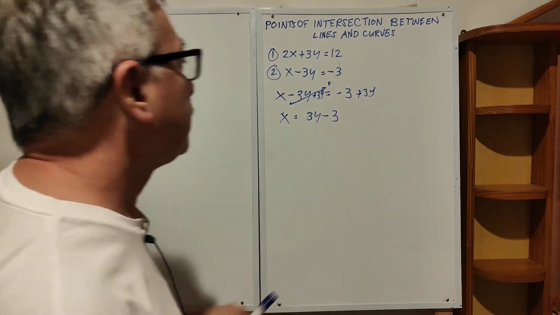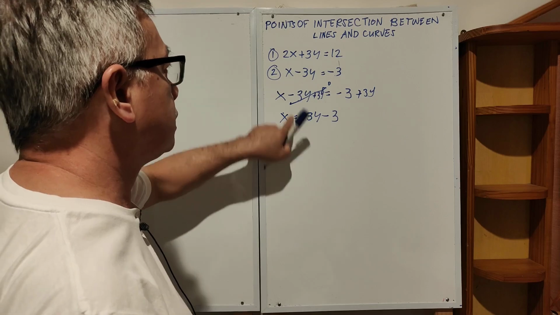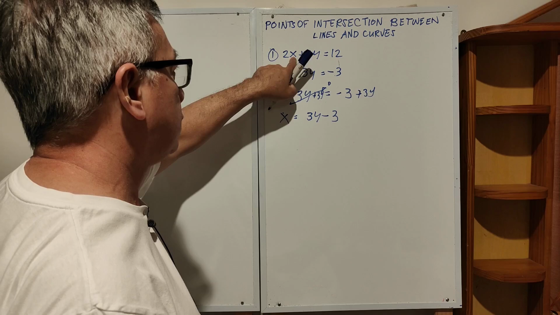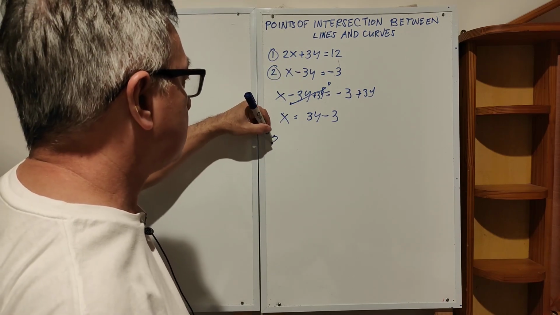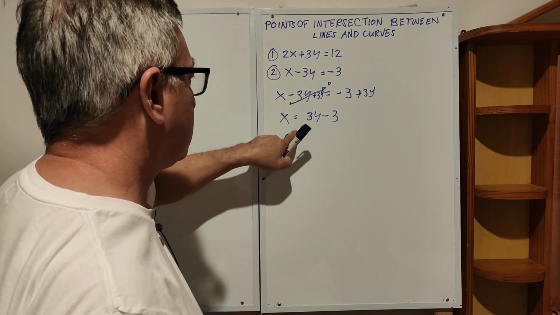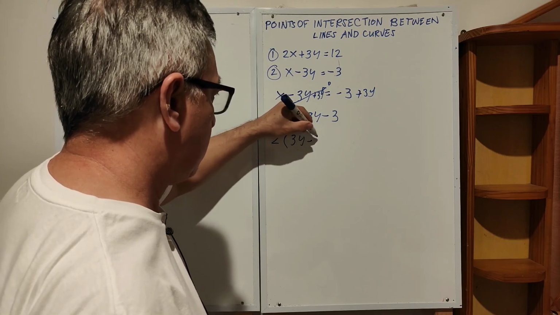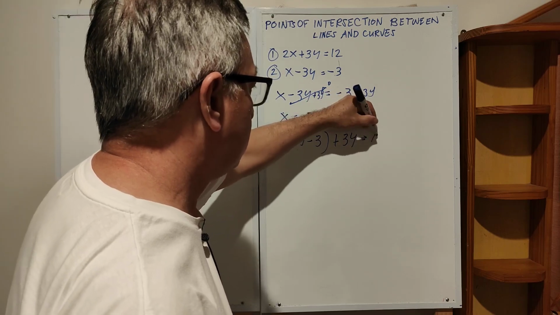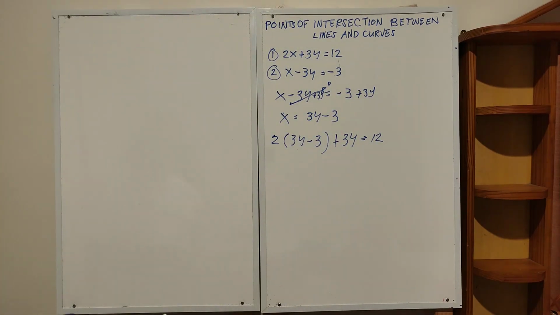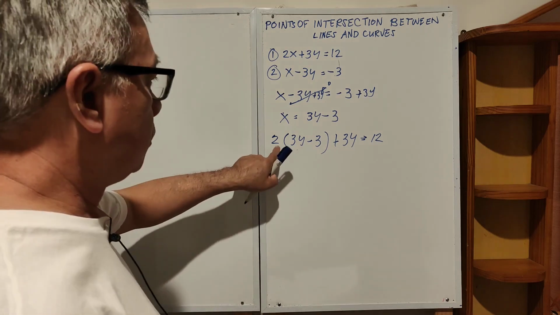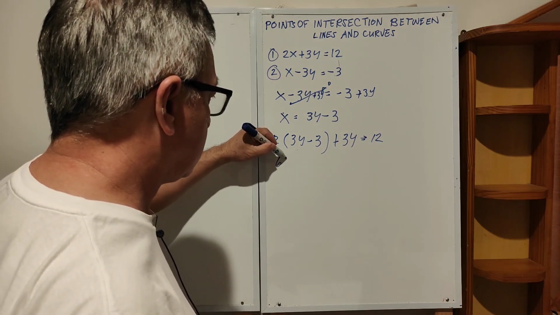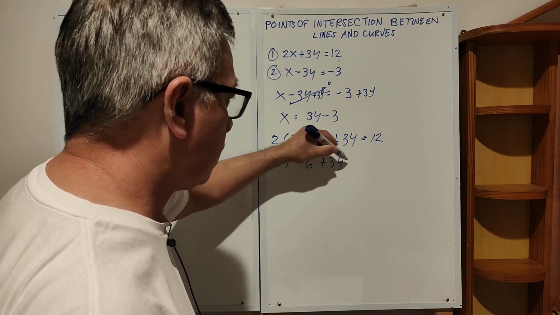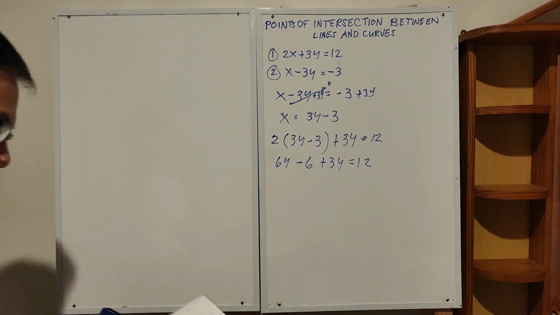This value of x, which is taken from equation 2, we will substitute into equation 1. So instead of x, we put 3y minus 3: 2 times (3y minus 3) plus 3y is equal to 12. 2 times 3y is 6y, 2 times negative 3 is negative 6, plus 3y is equal to 12.